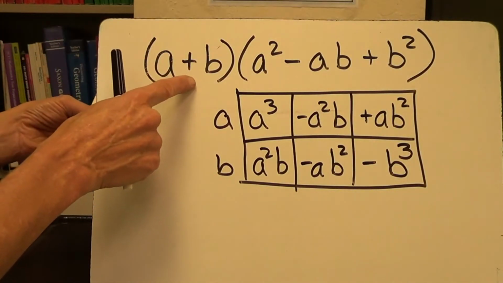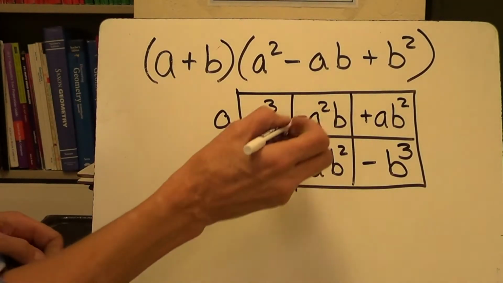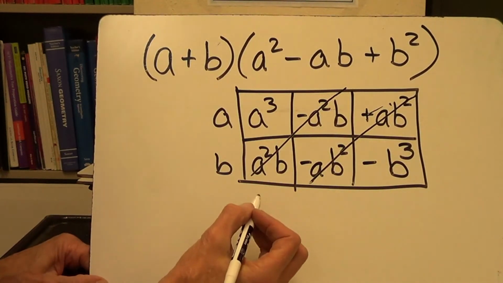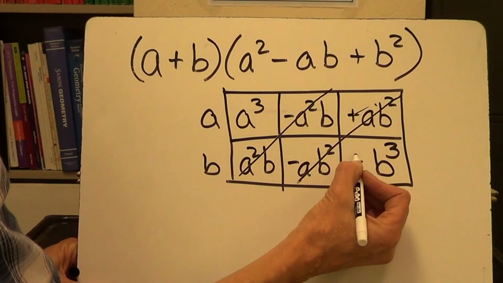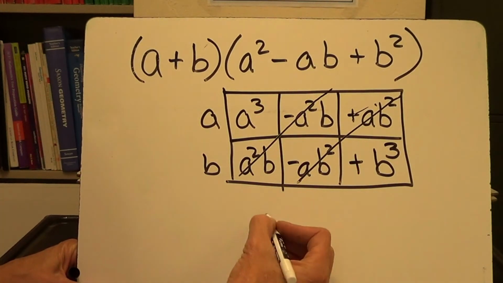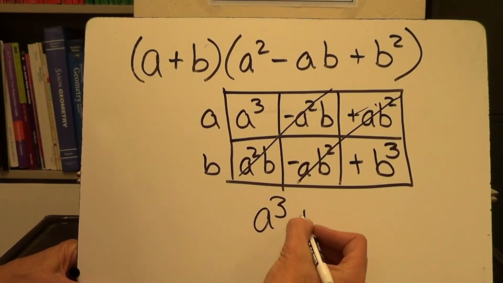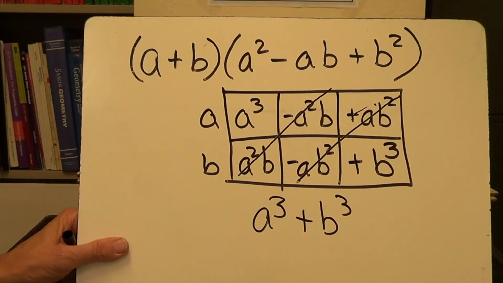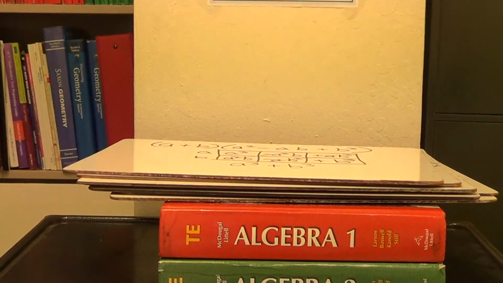This time we have a plus there, and watch what happens. These wipe out, and we end up with a cubed plus b cubed. And it matches that one there. So that should get you going on special products, multiplying, and factoring a little bit.